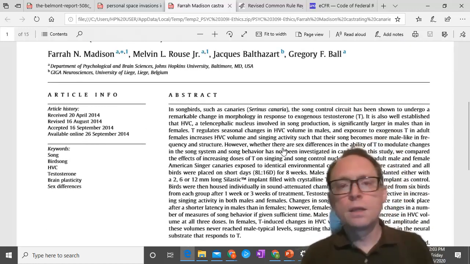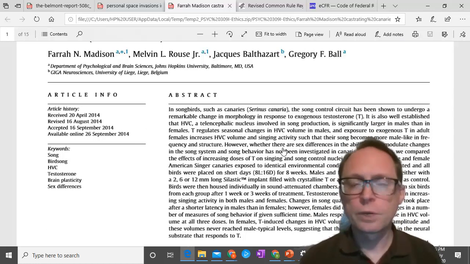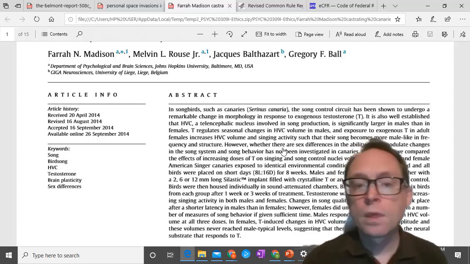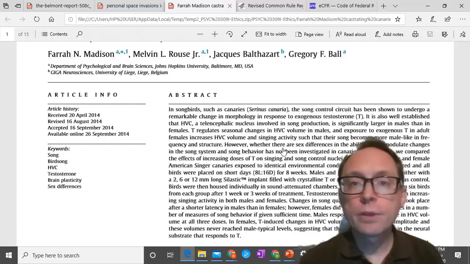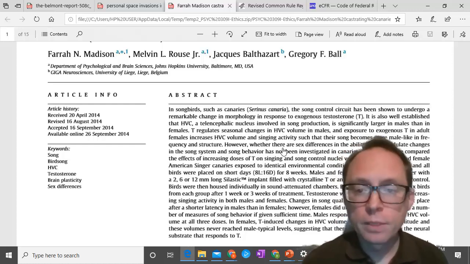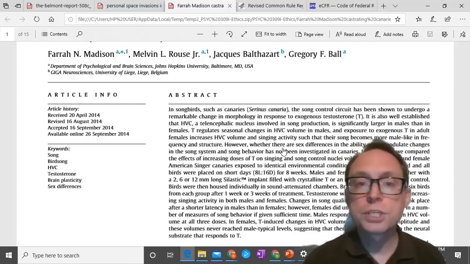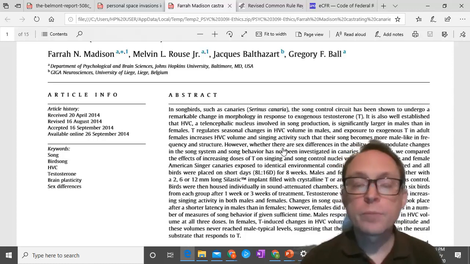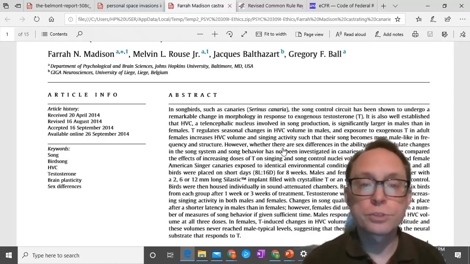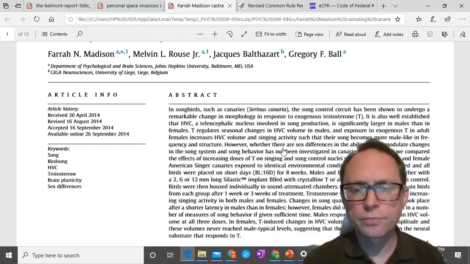In this study, they take canaries and castrate the male canary. Then they inject male and female canaries with testosterone, and then, for at least some of them, they kill the canary and take its brain out and look at the actual brain to see what changes have happened, not only in behavior but also in the actual physical structure of the brain after this experience with testosterone.